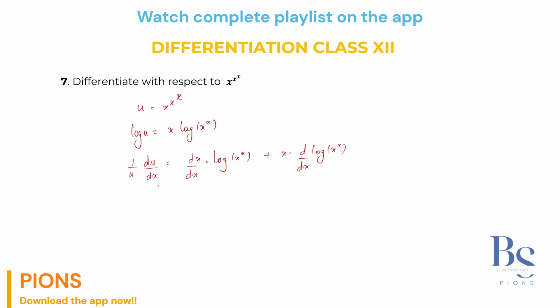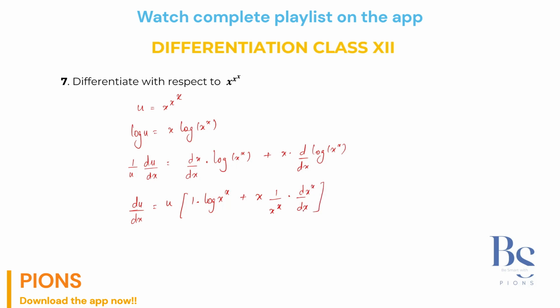Now du by dx will be equal to u times, taking u on the other side, derivative of x is 1, log as it is, plus x as it is. Now be very careful. Derivative of log of something is 1 upon something. Now we will get stuck. Differentiation of x raised to x. We got stuck here.